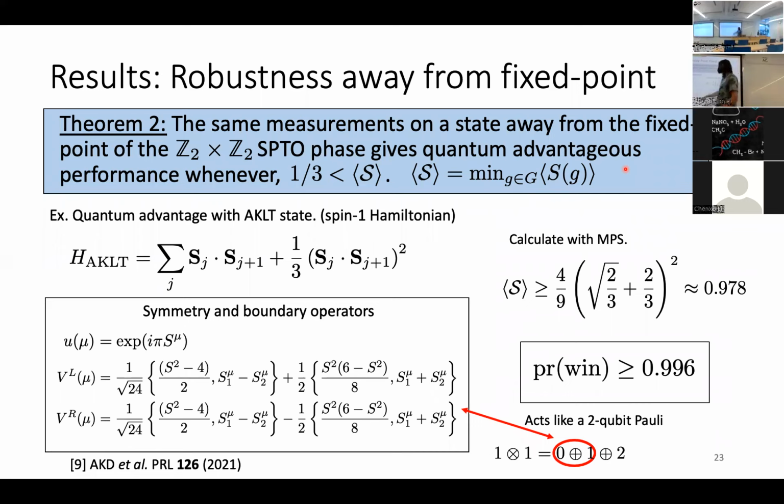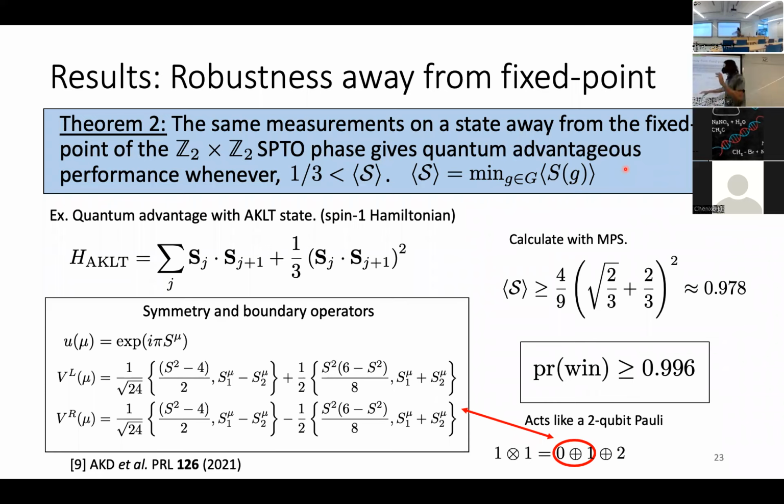And then I can ask, what are the fixed point boundary operators? This is a little bit more tricky, but the idea is to take the AKLT state and hit it with that quantum state renormalization group transformation that I was talking about and reconstruct the fixed point state. Once we have the fixed point state, we can construct these fixed point boundary operators.